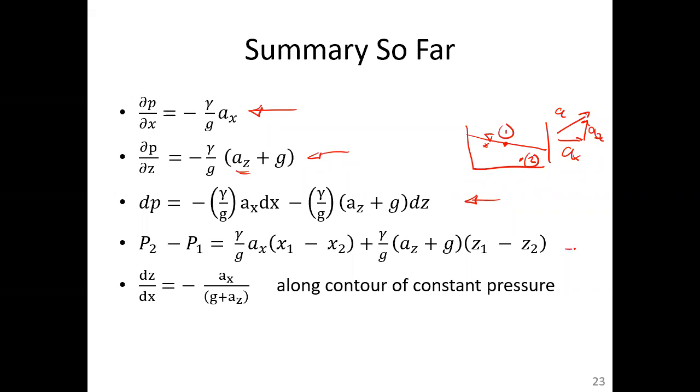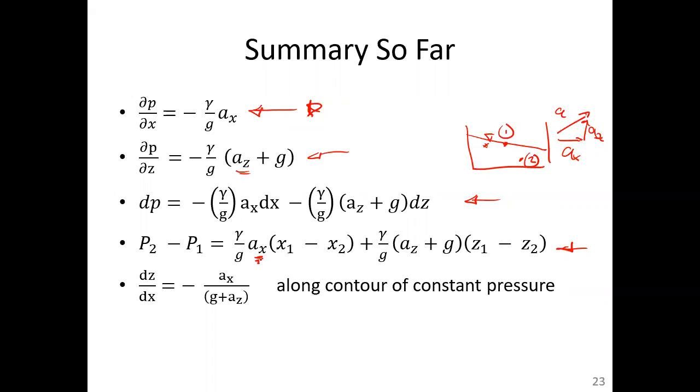In that fourth line, if there is no horizontal acceleration, there's no pressure change in the horizontal. If ax goes to 0, then that entire term goes to 0.